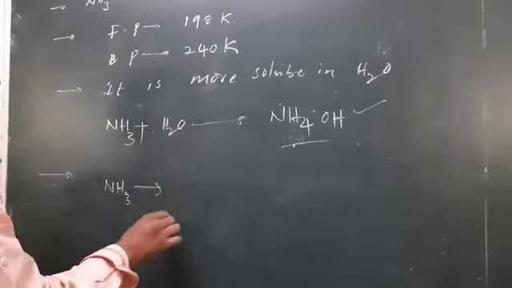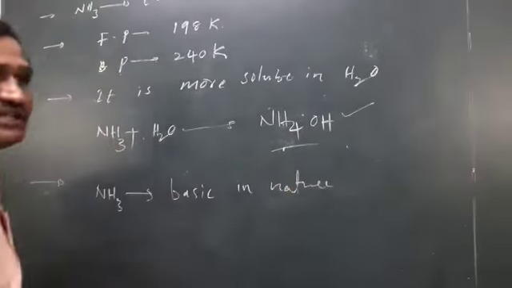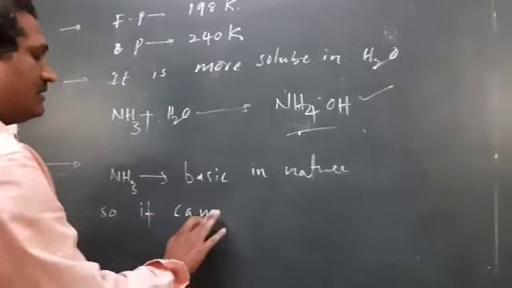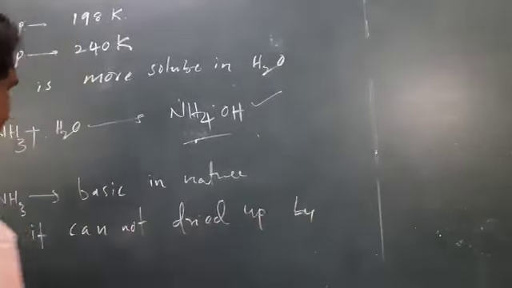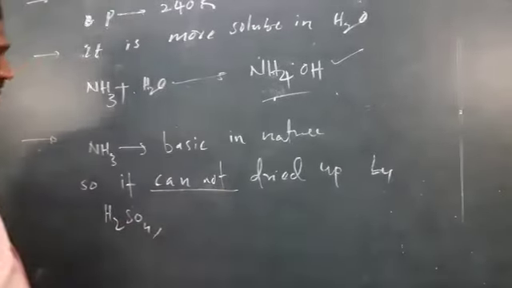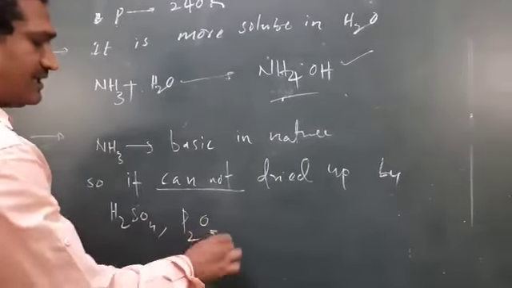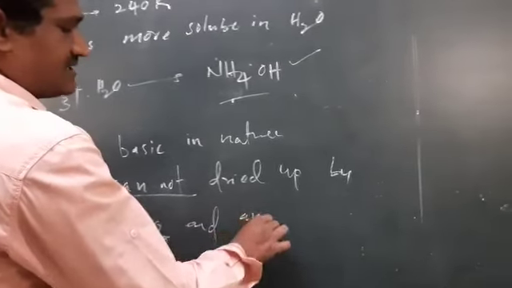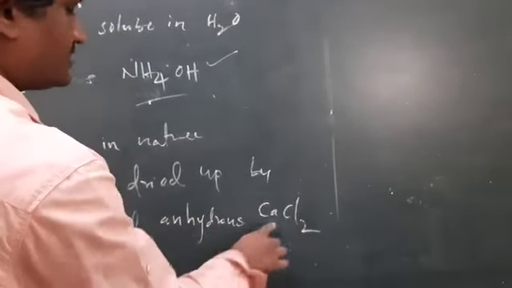Ammonia is basic in nature, so it cannot be dried by sulfuric acid, phosphorus pentoxide, or anhydrous calcium chloride.